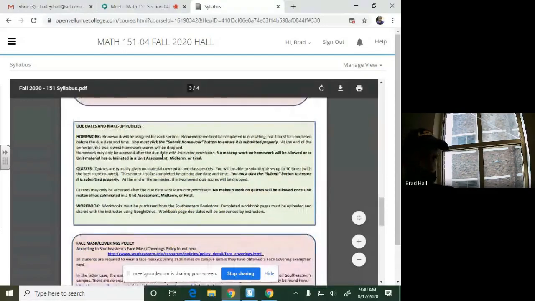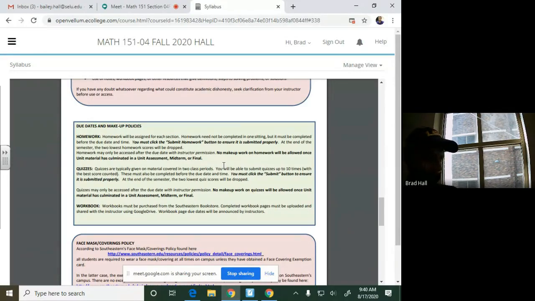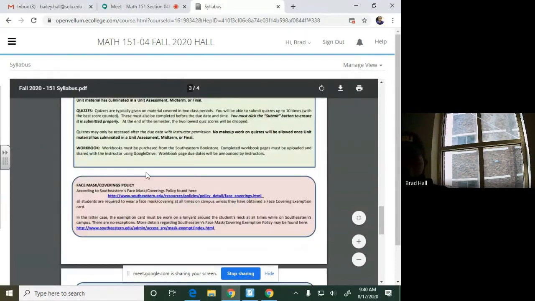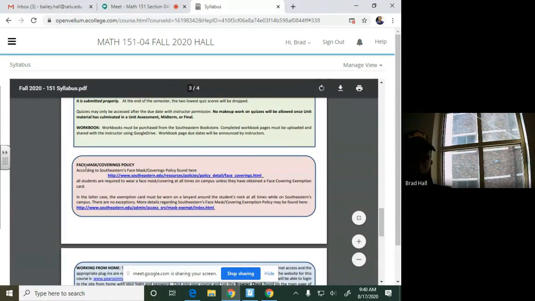Since so many things are done online, the ability to successfully petition for me to move back one of your assignments is relatively low, because things are due online and you can do everything online. But if you do have a serious medical issue, you do need a doctor's note or some university excused note.